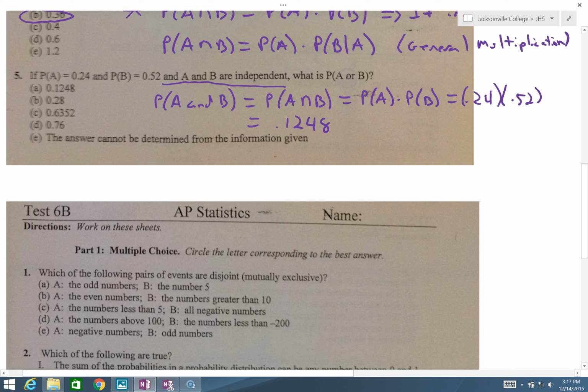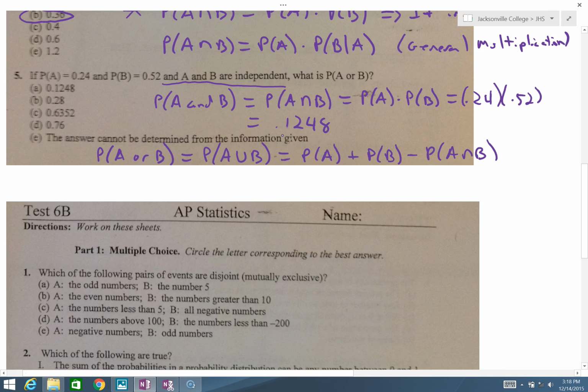We're seeking A or B. Well, the probability of A or B, notationally, probability of A union B, is equal to the probability of A plus the probability of B minus any overlap. That's the A and B. We could draw our Venn diagram for this situation, but we have all of our factors.